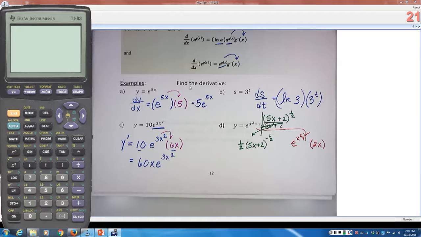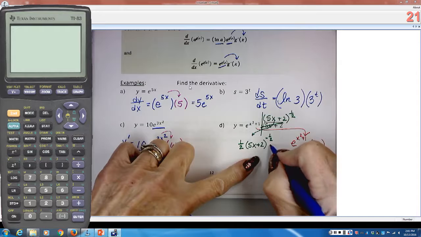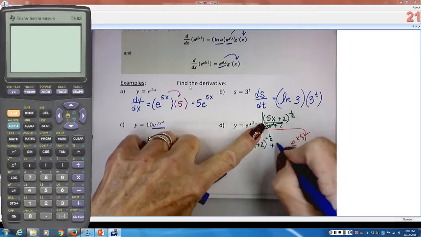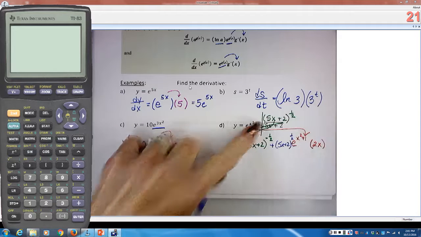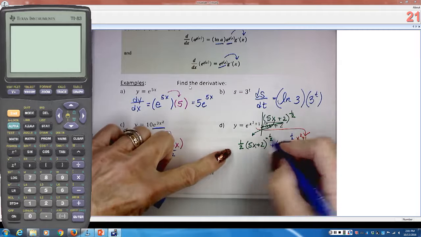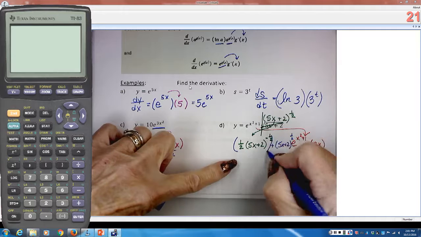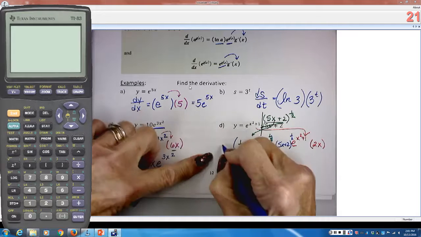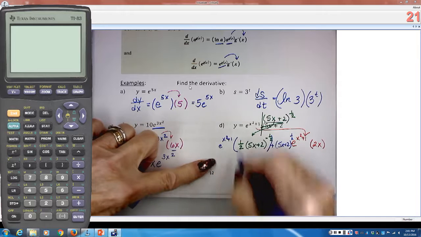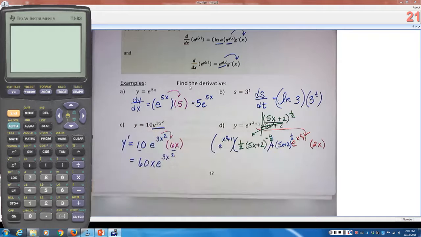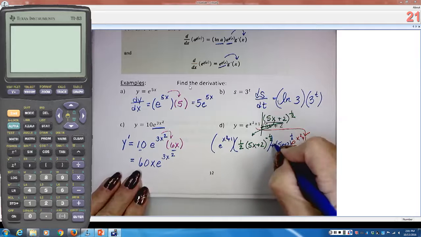And now I'll bring down the original functions where they go. This is going to be plus 5x plus 2 to the 1/2 power. And this is going to be multiplying times e to the x squared plus 1. And the plus sign is because we have a product.